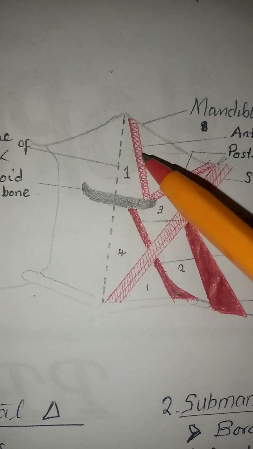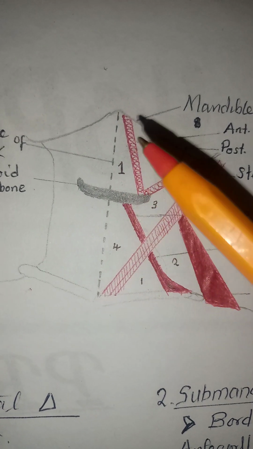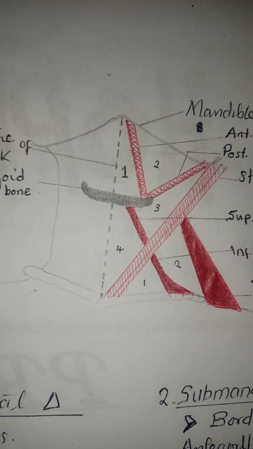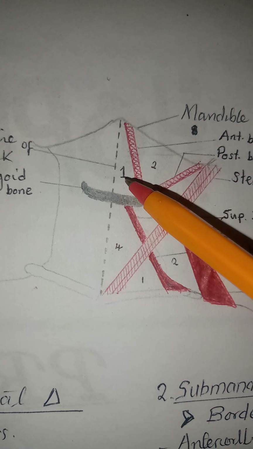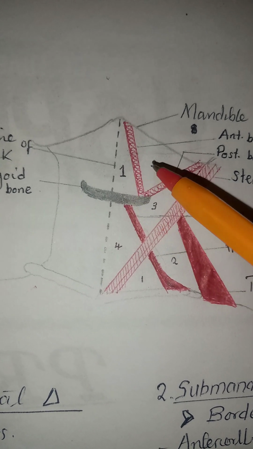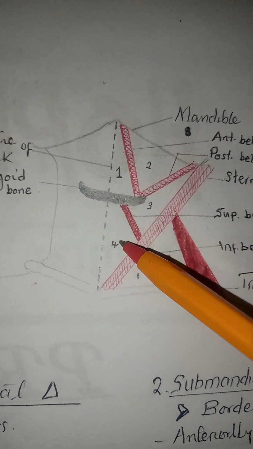That means the anterior triangle has now been divided into four sub-triangles. I have decided to start with this one, so this is my number 1, 2, 3, 4 triangles.